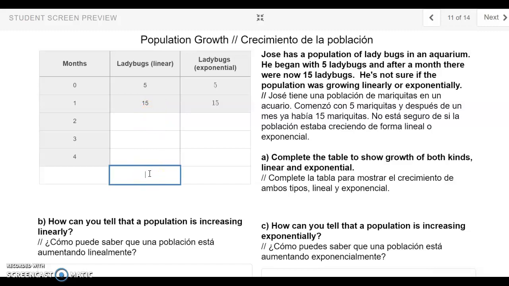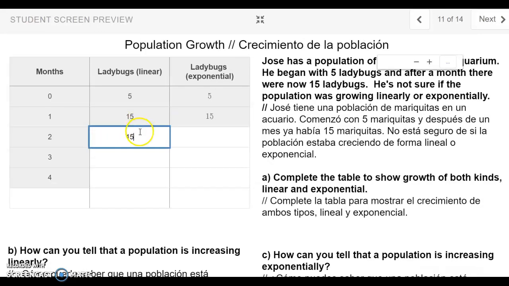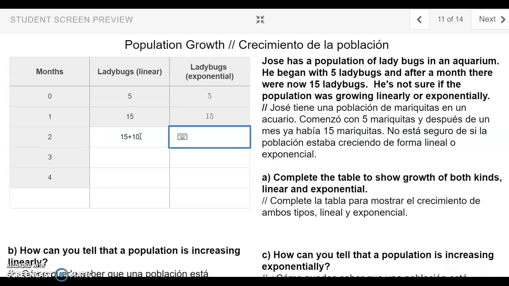Did you figure it out? All right, well, if not, watch this. 15 plus, how did it change? Well, it changed by adding 10 each time. And so you got 15 plus 10 is what? 25. All right, so then we added 10 again, and we get 35.